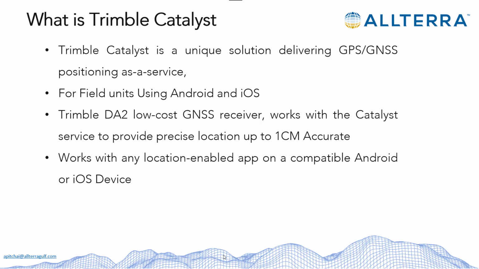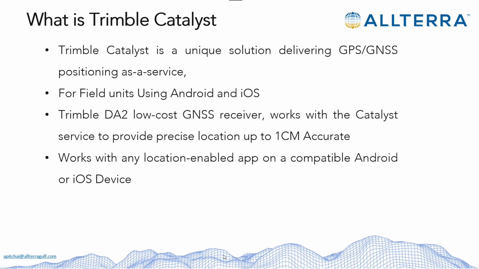This gives you the flexibility to use your GPS devices with any of the applications which you are developing by yourself or any applications that are available in the market, with high accuracy positioning information that is as good as any RTK solution.